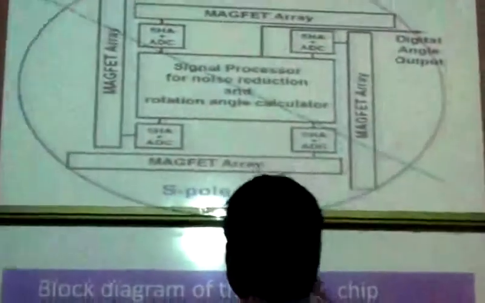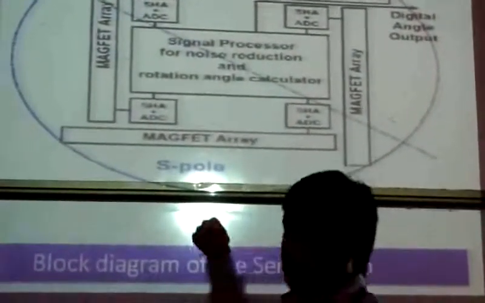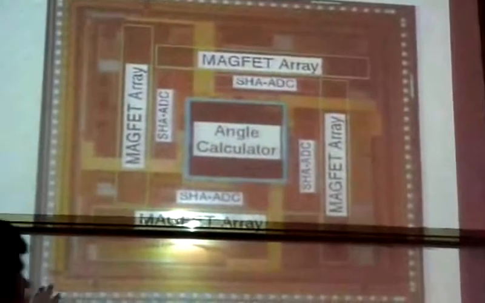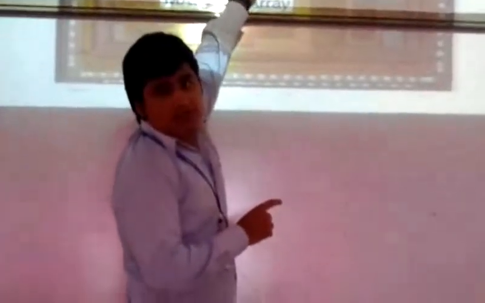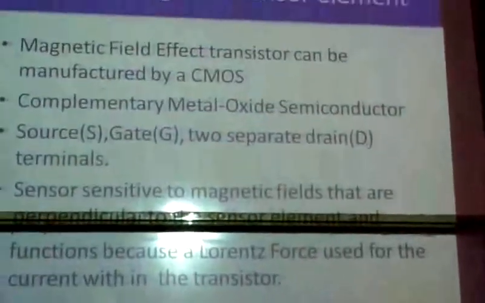And in the middle is the rotation angle calculator, and this circuit gives the output of the angle sensor. So this is the real view of the chip. This is the MAGFET array, or four directional MAGFET array, SHA, ADC, and in the middle is the angle calculator, which calculates the angle from the MAGFET array using a method.